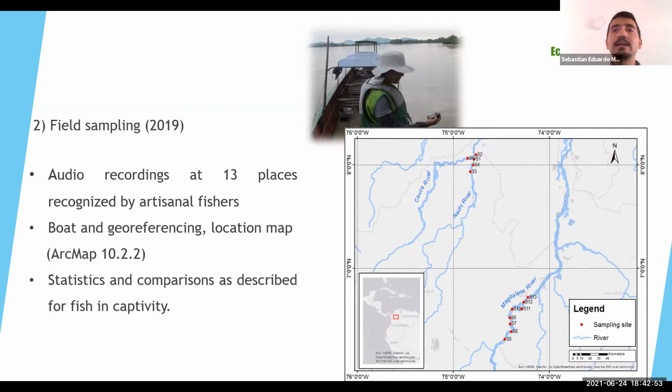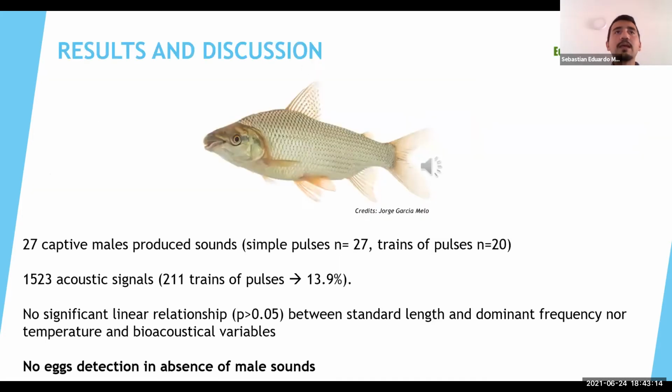Here we have the map of the places we visited in the Cauca River, Nechí River, and Magdalena River in northern Colombia. We used statistics and comparison as described for fish in captivity when it was possible.